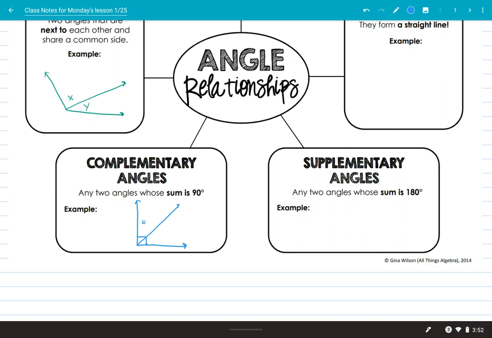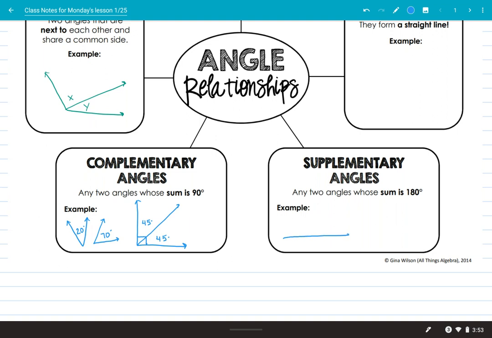And I could have one that is 45, 45. But they do not have to be next to each other or connected or adjacent. They can be something like this. And I can say that this one is 70 degrees and 20 degrees, as long as they add up to 90 degrees.